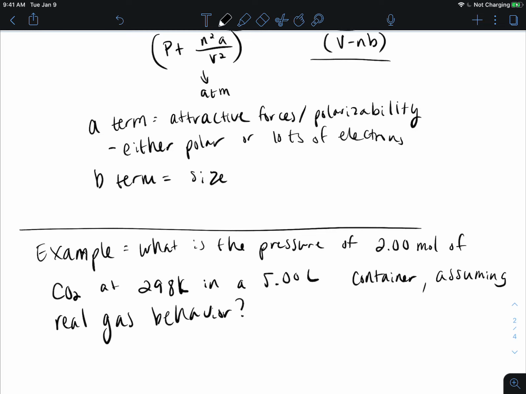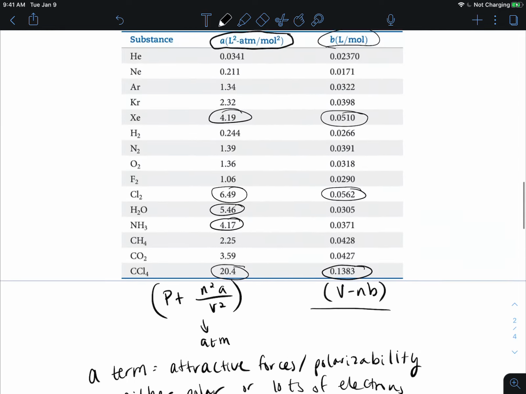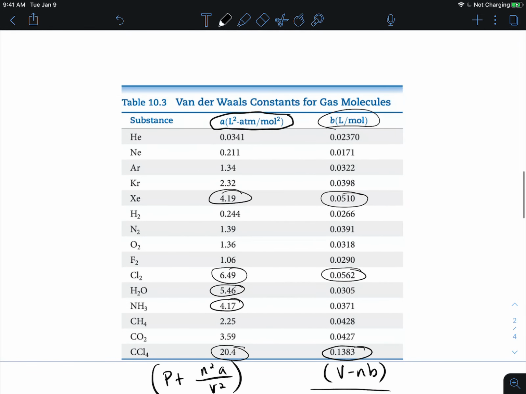When we are doing something like this, we are going to want to look in our chart and see what our a and b terms for carbon dioxide are. If we look up here, we see carbon dioxide has an a term of 3.59 and a b term of 0.0427.